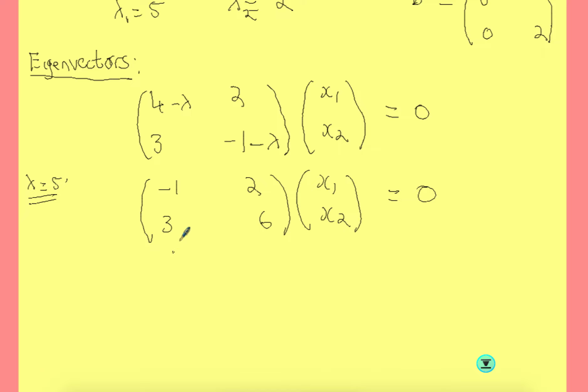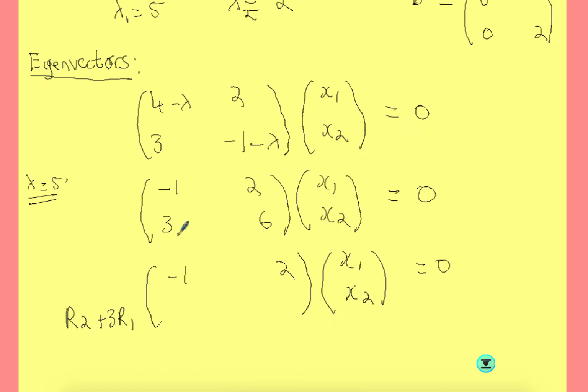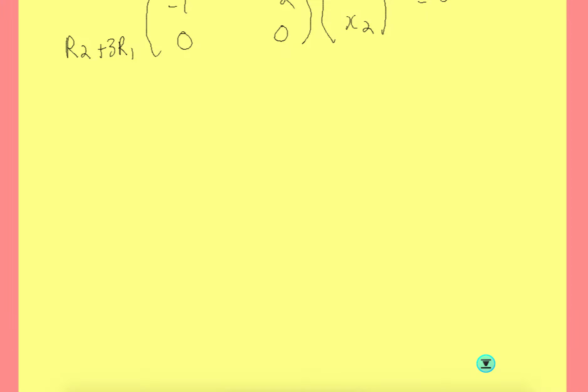Then I need to make this element here 0, so it becomes upper triangular. But it should be fairly easy to do that. So that's just going to be R2 plus 3R1. Because one of those plus 3 of those would be 0. So there we go.